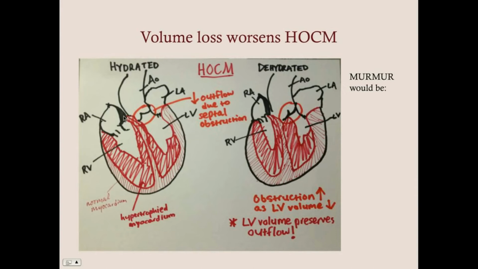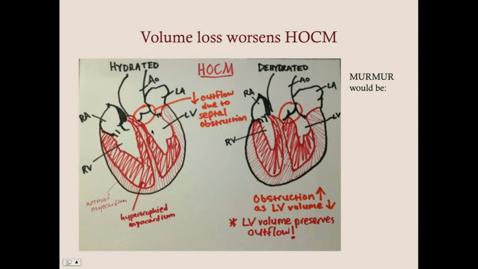When you're hydrated, your volume is higher, right? And so when your volume is higher, you're going to have more blood flowing through your heart. And that's a good thing in the case of having a hypertrophied septum, because what the hypertrophied septum does by nature is it blocks the outflow from the left ventricle to the aorta.